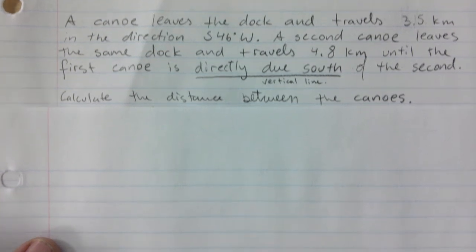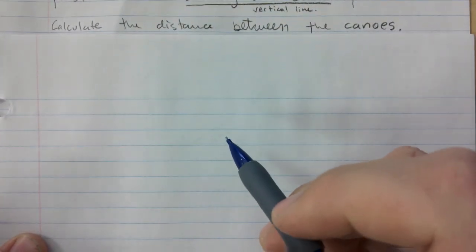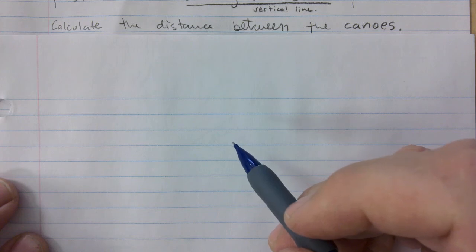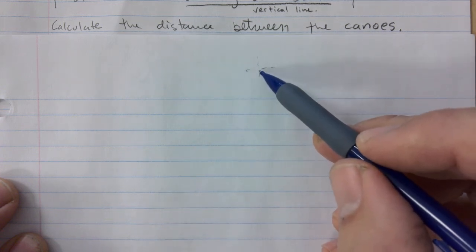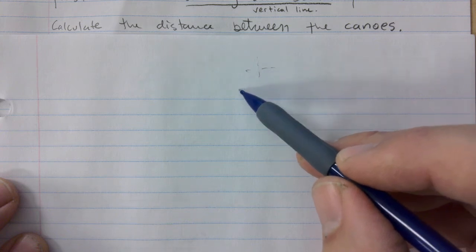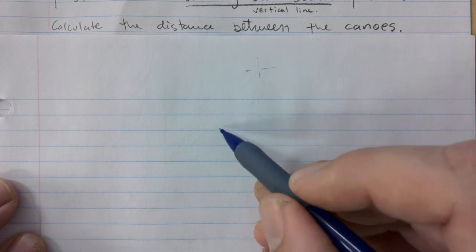So let's try to interpret this. A canoe leaves the dock and travels 3.5 kilometers in the direction south 46 west. So you're trying to think, just southwest, so you're going this way, right? So start your diagram somewhere over here.